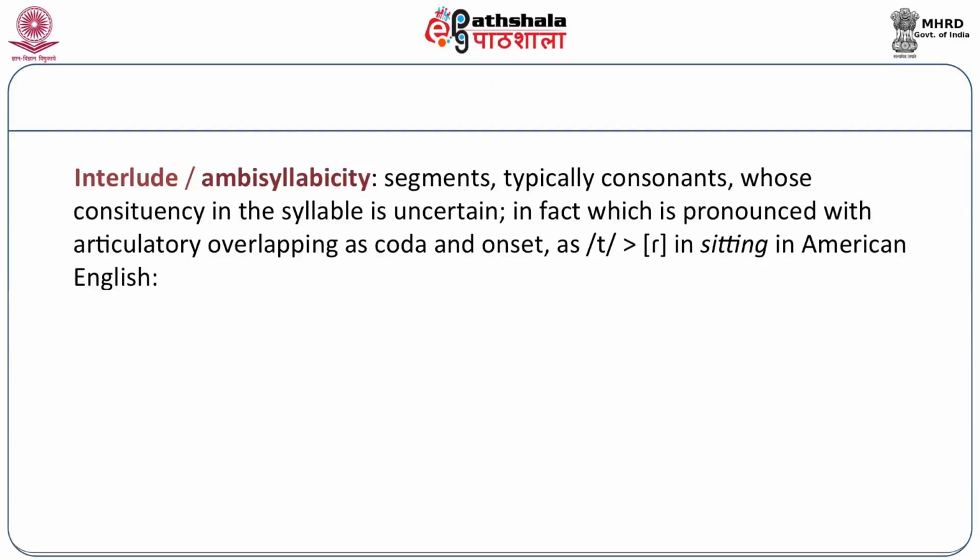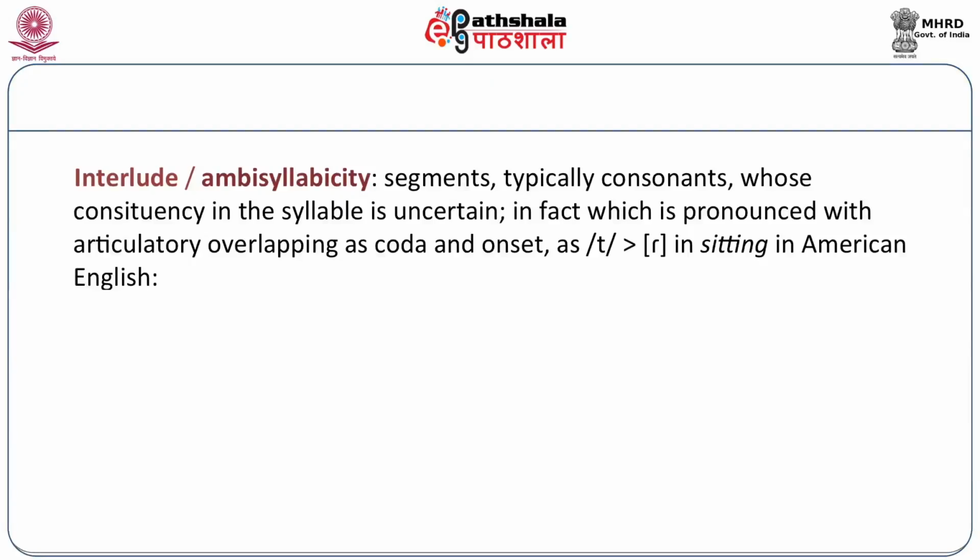The term that is preferred is ambisyllabicity. That means a consonant which is an interlude consonant is ambisyllabic. It can belong to both syllables. As we find, for example, for the pronunciation of the word sitting, as we do in Indian English, and its pronunciation in American English is something like sidding.